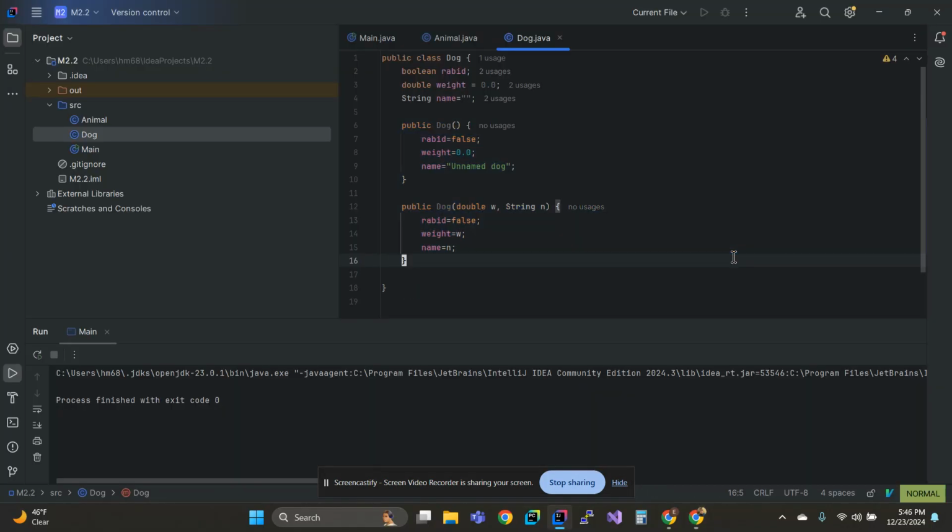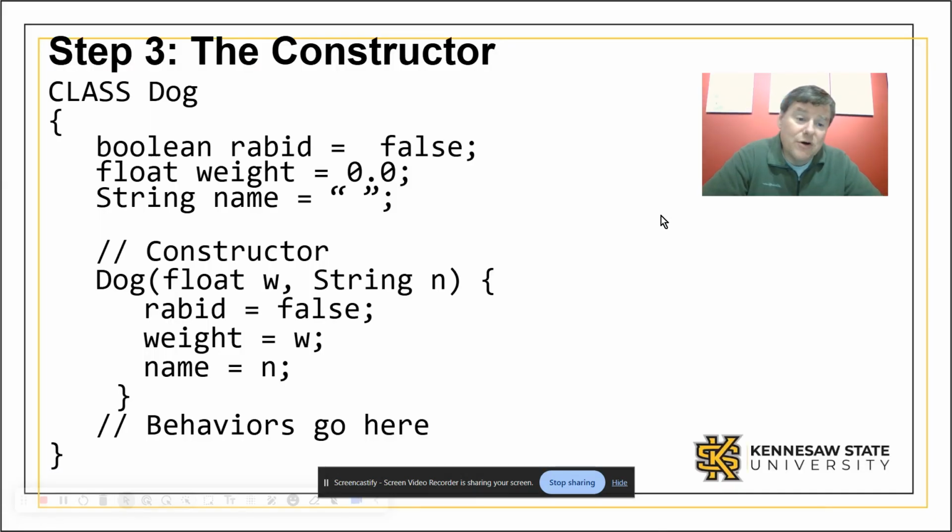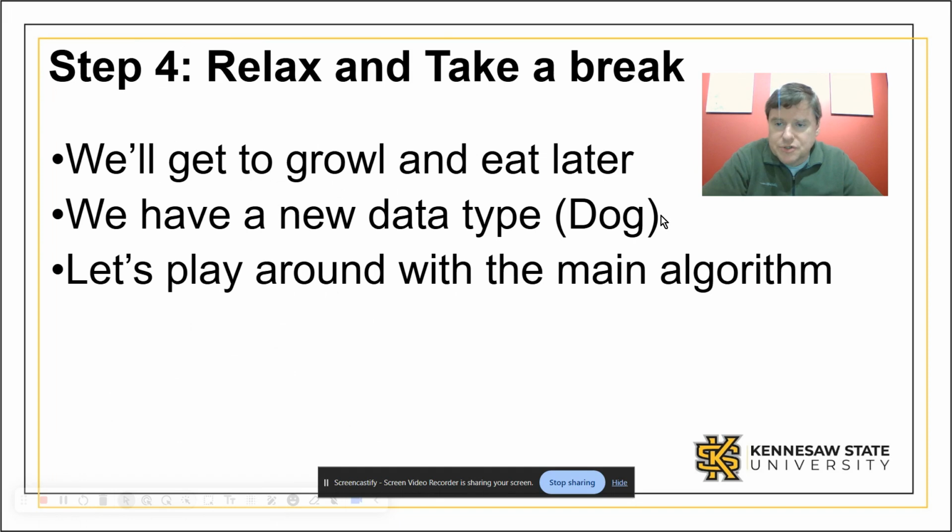Just like with any other method, I'm allowed to have two versions of the same method with different parameters. I can't have two versions of the same method with the same parameters, that's not allowed, but as long as the parameters are different, I can have two different constructors just like I can have two different any other methods. That's called constructor overloading, just like method overloading. It's the exact same thing, it's just they happen to be constructors.